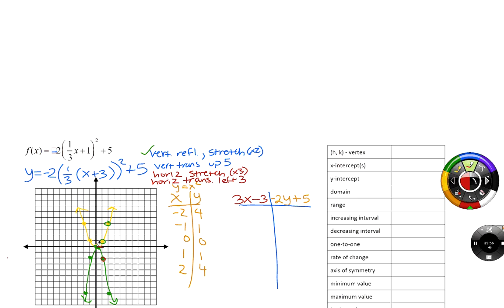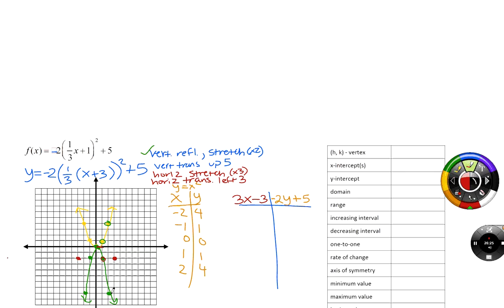But I'm going to take that 1 and I'm going to times it by 3. So now that point, instead of being 1 unit away from the vertex, is going to be 1 times 3, which is 3 units away from the vertex. And I already did the vertical, so I'm not going to adjust the vertical any. I'm going to keep it at the same vertical distance that it was. This point on the left side would be the same because it is 1 unit horizontally away. It will now be 3 units horizontally away, just in the other direction.